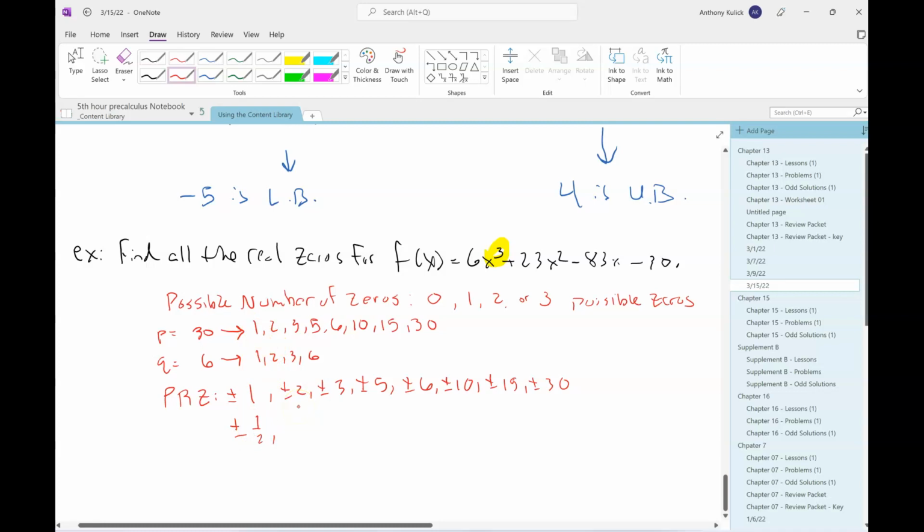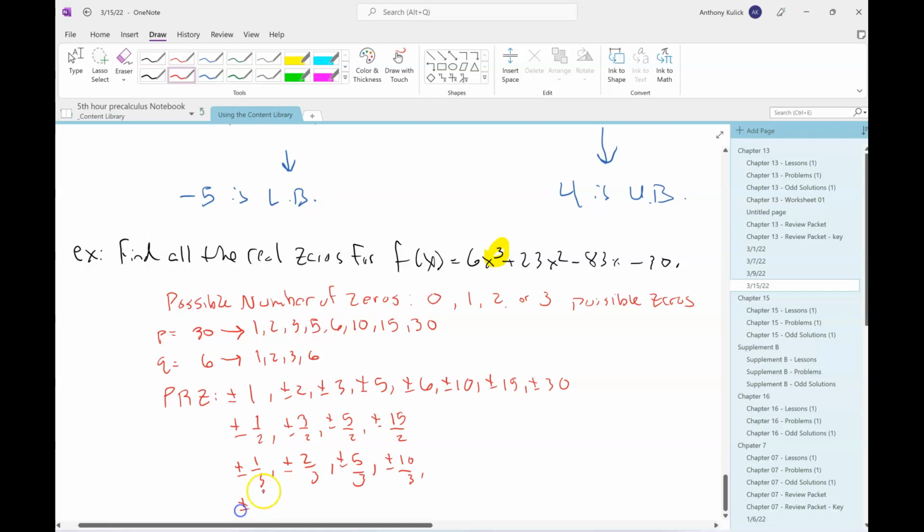I'm not going to write the duplicates. So like 2 over 2 is 1, so I'm not going to write that. Is everybody okay with that? Again, just in the interest of time. So over 3. Again, I'm skipping 3 over 3. I'm skipping 6 over 3. I'm skipping 15 over 3 and skipping 30 over 3.